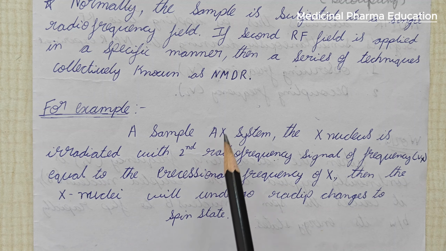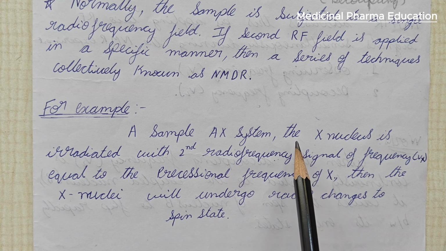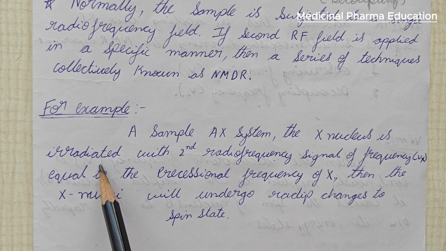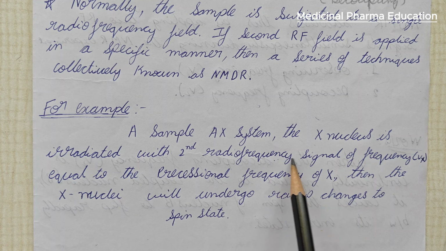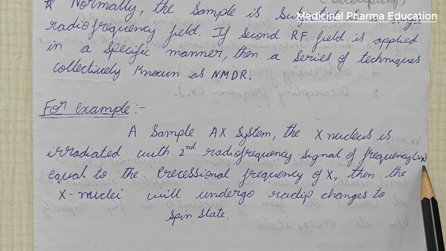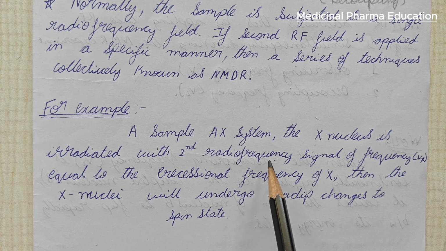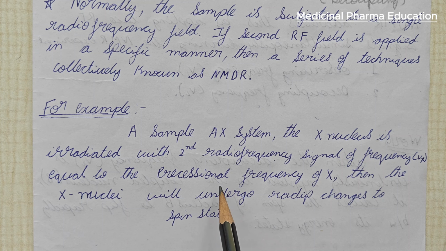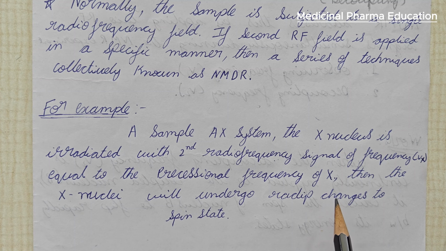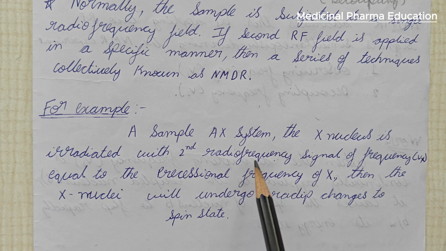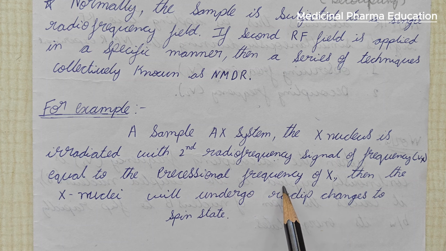The X nucleus is irradiated with a secondary radio frequency signal of frequency Vx, equal to the precessional frequency of X. It is telling that the secondary radio frequency equals the precessional frequency, then the X nuclei will undergo rapid changes in spin state.